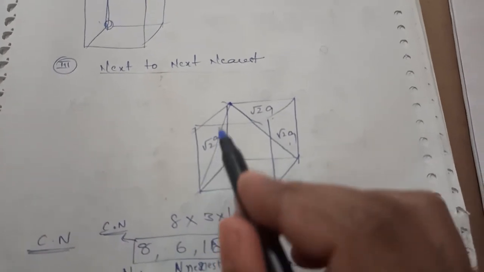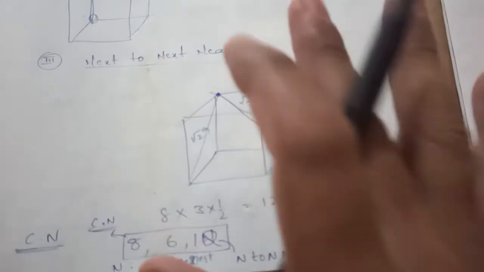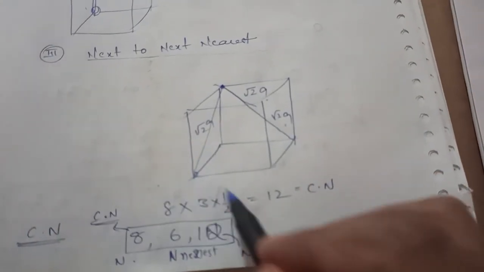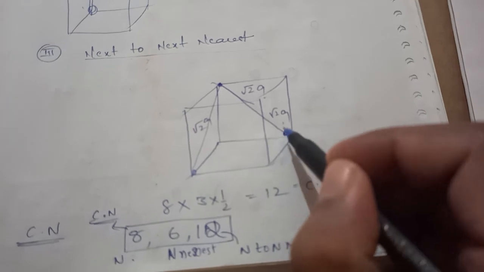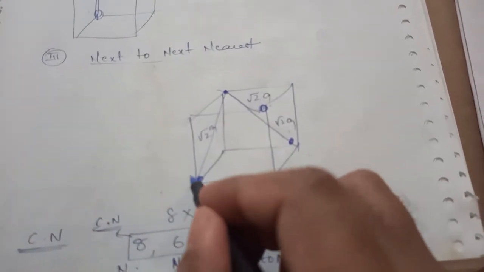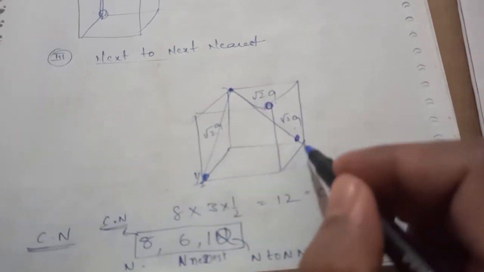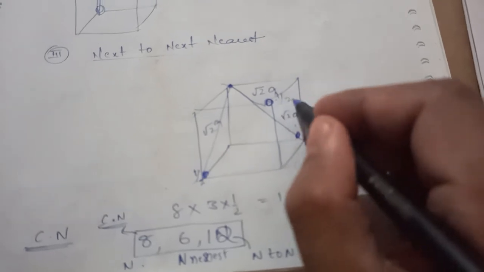So this is 8, because this particular one is sharing among 8, and here the 3 are there, and each lattice point is sharing among 2 unit cells.